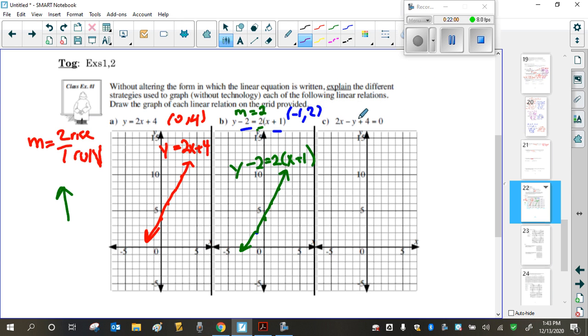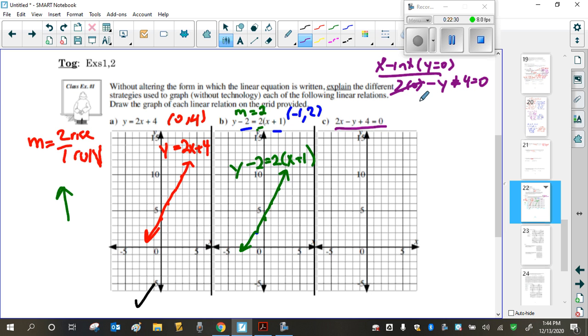Okay, so for 2x - y + 4 = 0, we could solve for y and do it like this, but there's another way. We can find the x and y intercepts. Remember, the x-intercept means y equals 0, or there is no y part. So 2 times 0 minus y plus 4 equals 0.